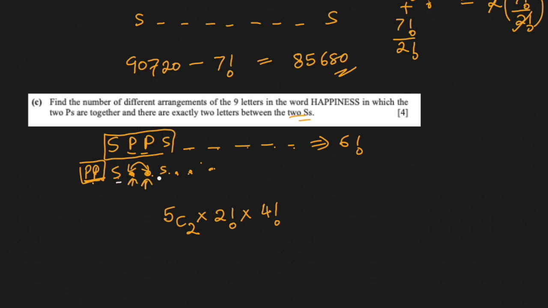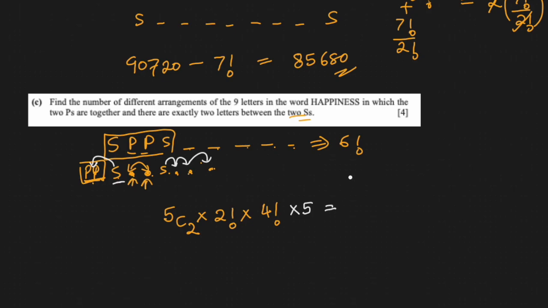This S with the 2 letters in between can go to the second, third and fourth place, and this S can take the place of P also, isn't it? This is how these 2 remain between the S's, and these S's can take 5 places in the whole arrangement. So we'll have to multiply this by 5 also.